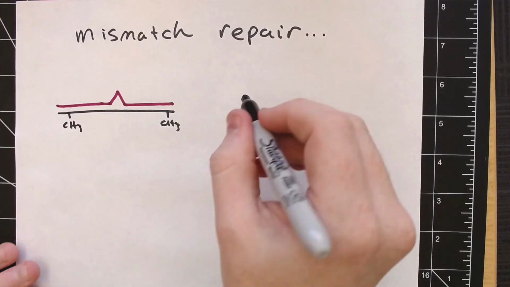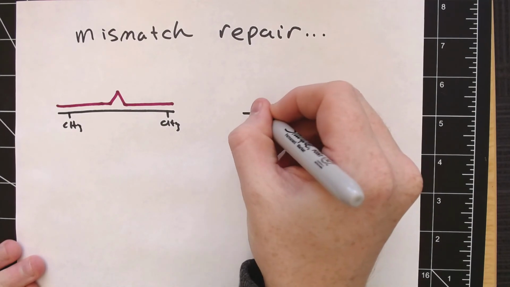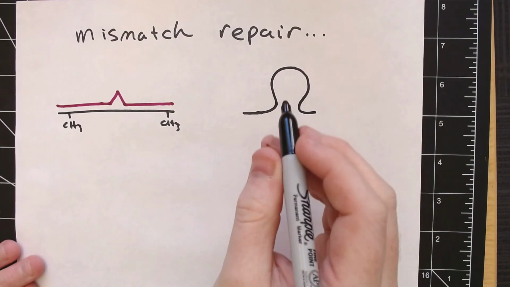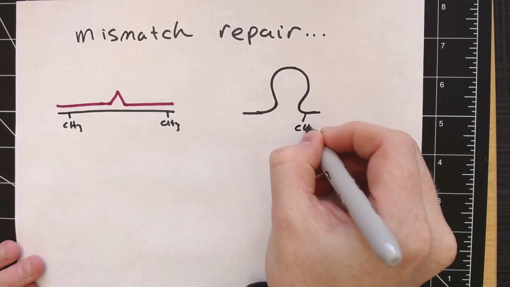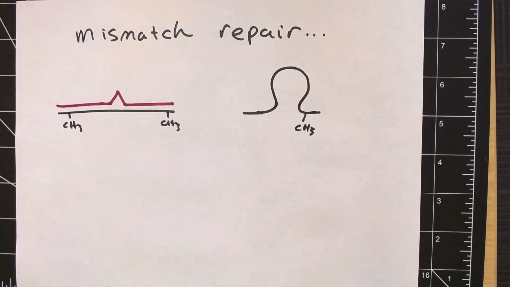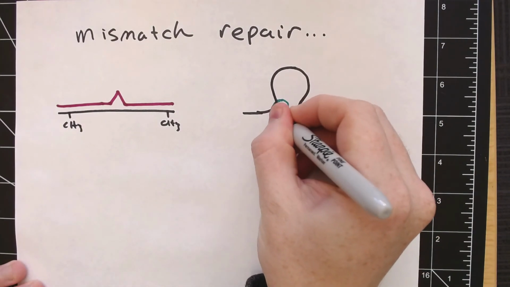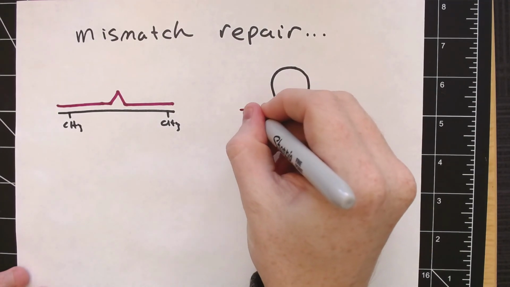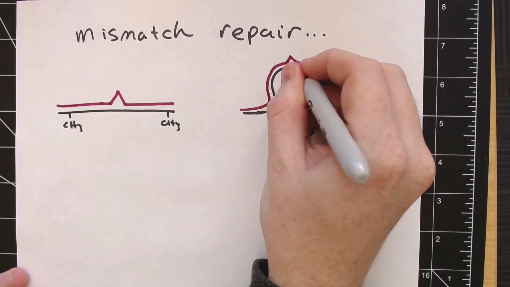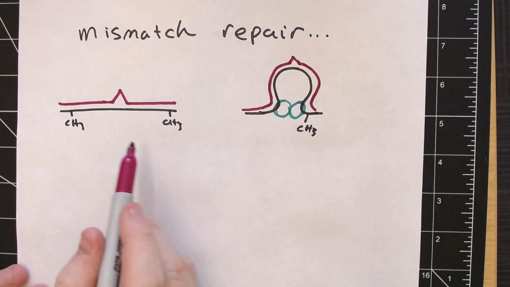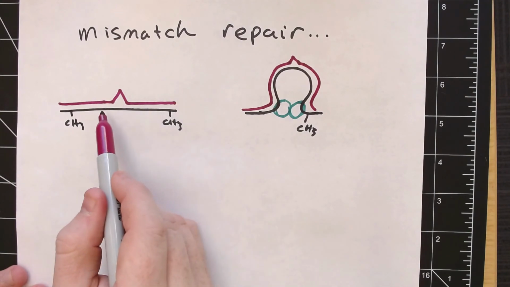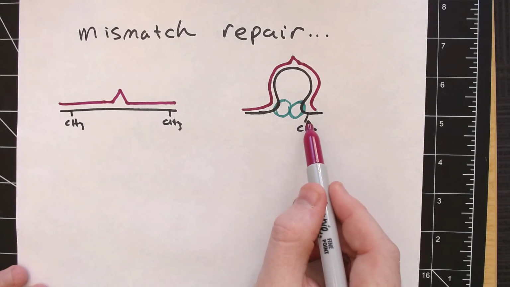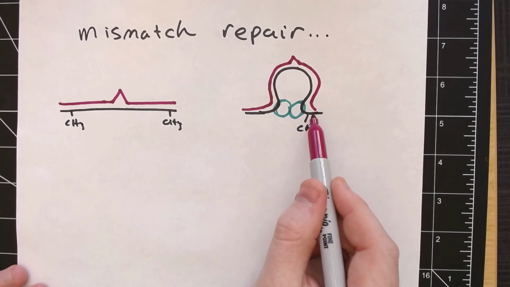And in order to repair it, what's going to happen is that we're going to assemble a complex here of proteins that are going to basically spool. They're going to recognize this mismatch, and then they're going to spool the DNA around until they encounter one of these methyl groups on the parental strand.